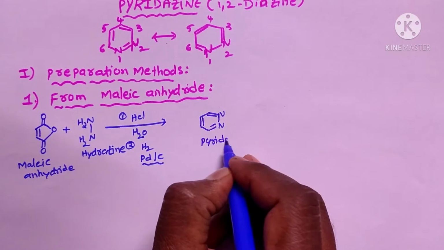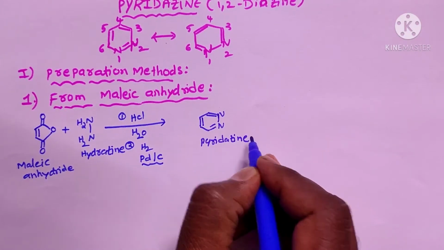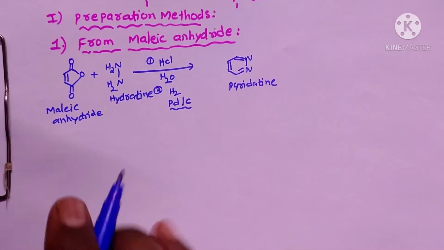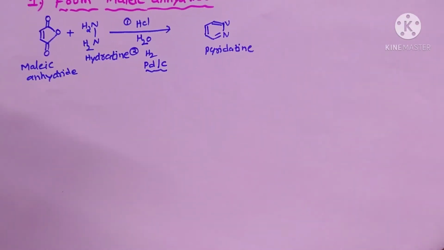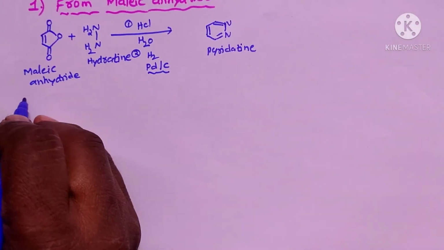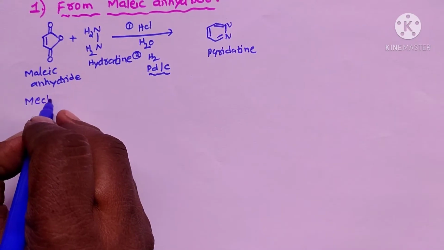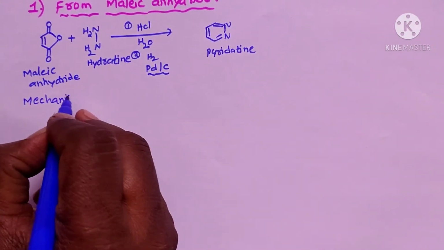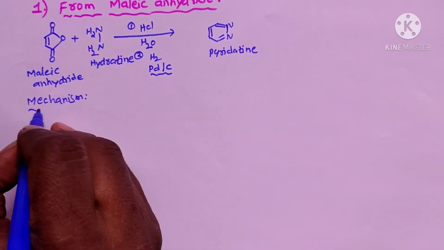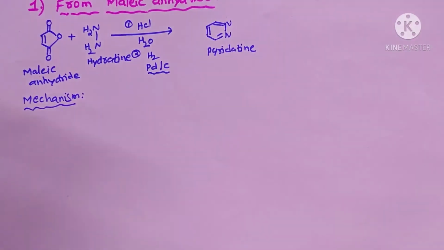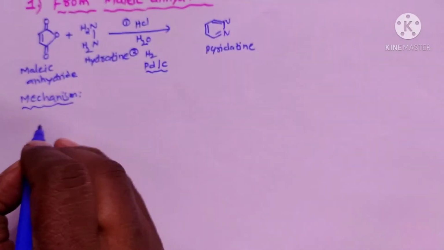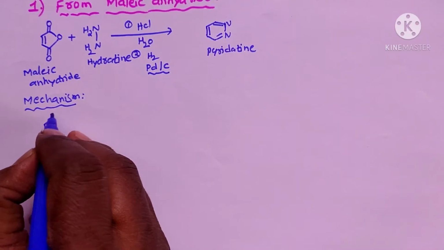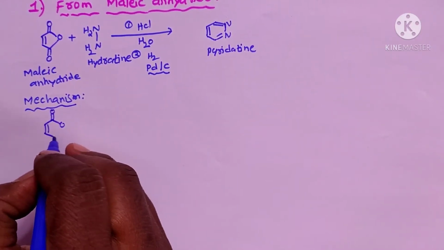Now we go to the mechanism involved in this reaction. Look here. First of all, maleic anhydride undergoes hydrolysis. This is maleic anhydride.